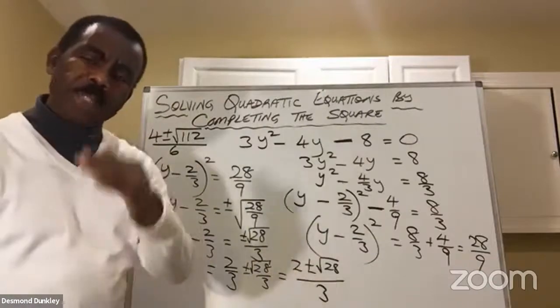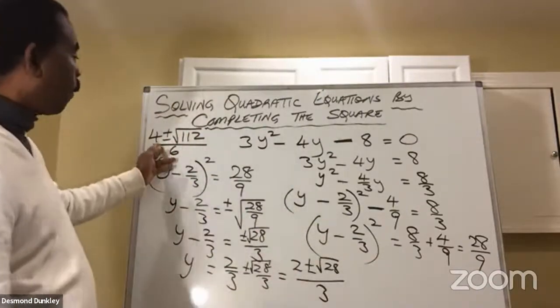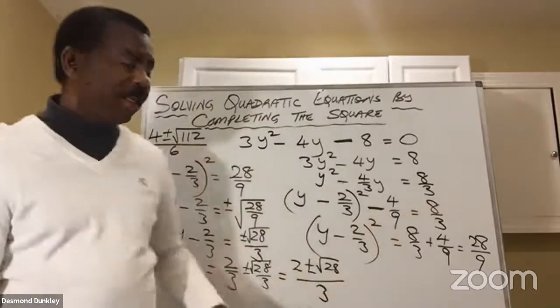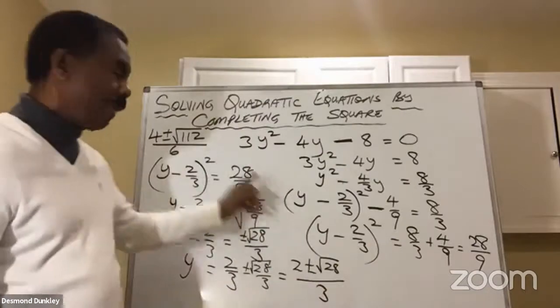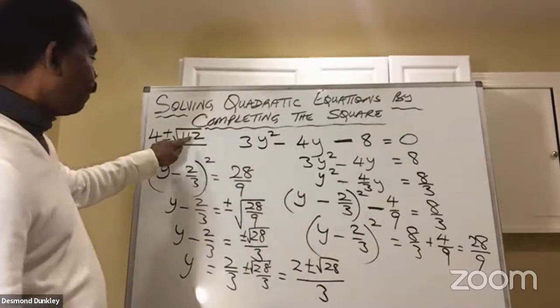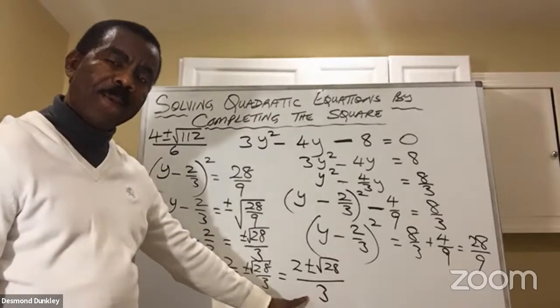I want to suggest to you that this is the reduced form of this. Because we did not do radicals, that's why we did not simplify this. But now I am forced to show you how to simplify this so that you can see that it's the same as this. Okay? So watch.